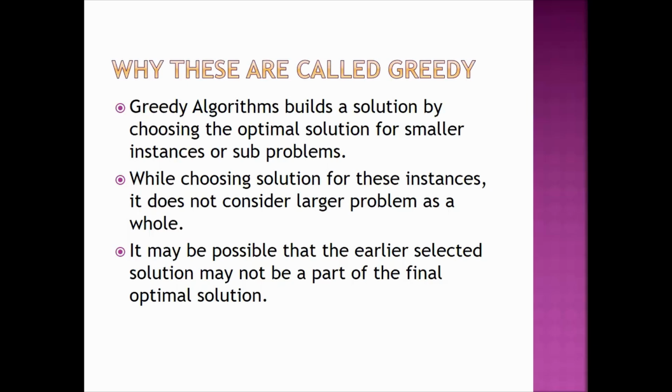That's why we can say that while choosing the solution for these instances, it does not consider the larger problem as a whole. It may be possible that an earlier selected solution may not be a part of the final optimal solution.